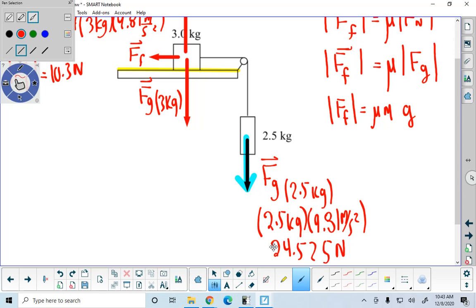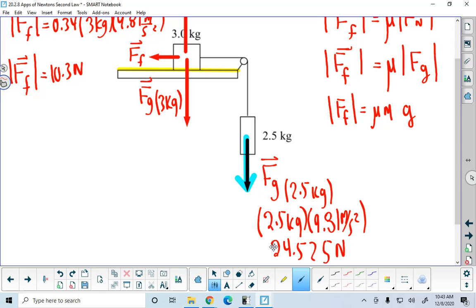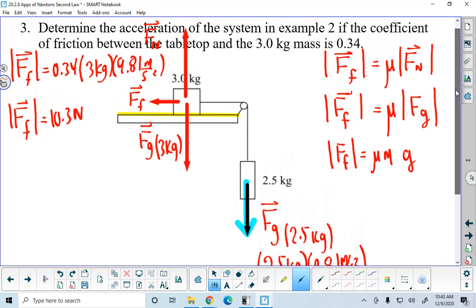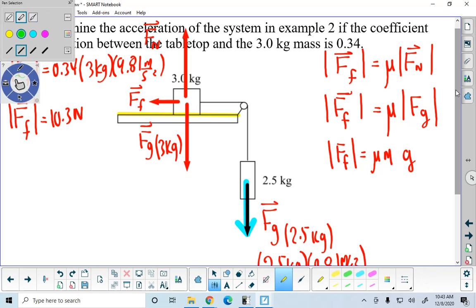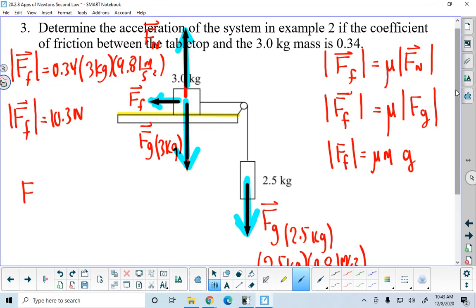So looking at this whole picture now, I'm going to scroll up so that we can see it. Looking at this whole picture at all of the forces, every single force, this force, this force, this force, and this force, the sum of those forces will be F net.